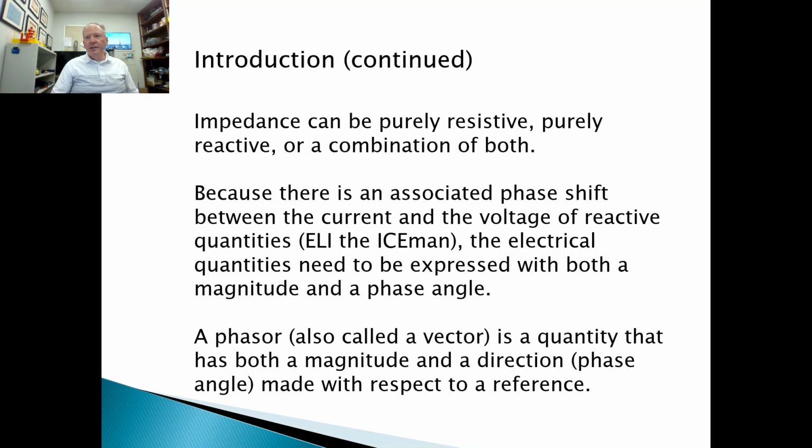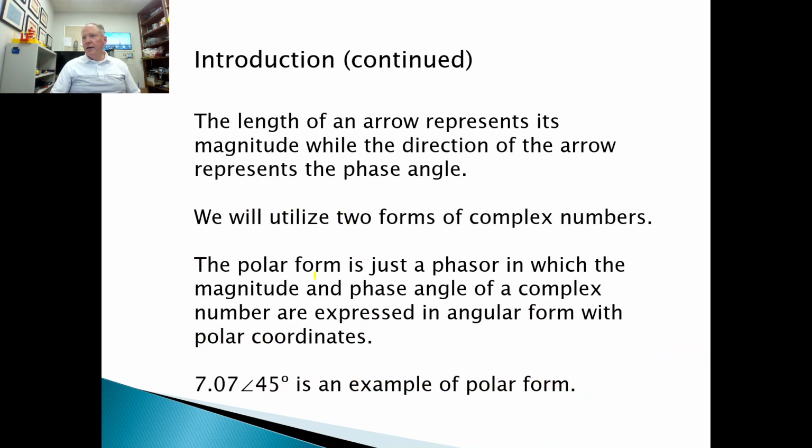So a phasor, also called a vector, is a quantity that has both a magnitude and a direction with the phase angle made with respect to a reference, which for us will always be 0. Okay? Now, the length of an arrow represents its magnitude, while the direction represents a phase angle.